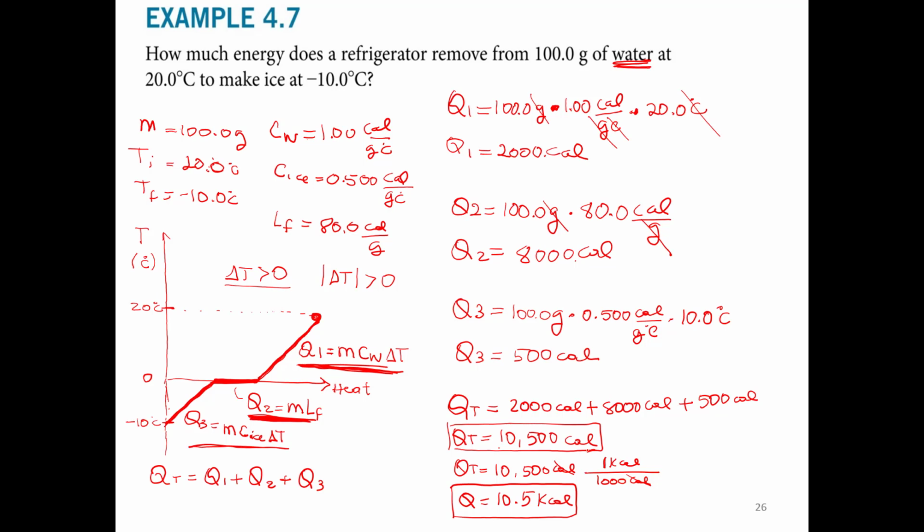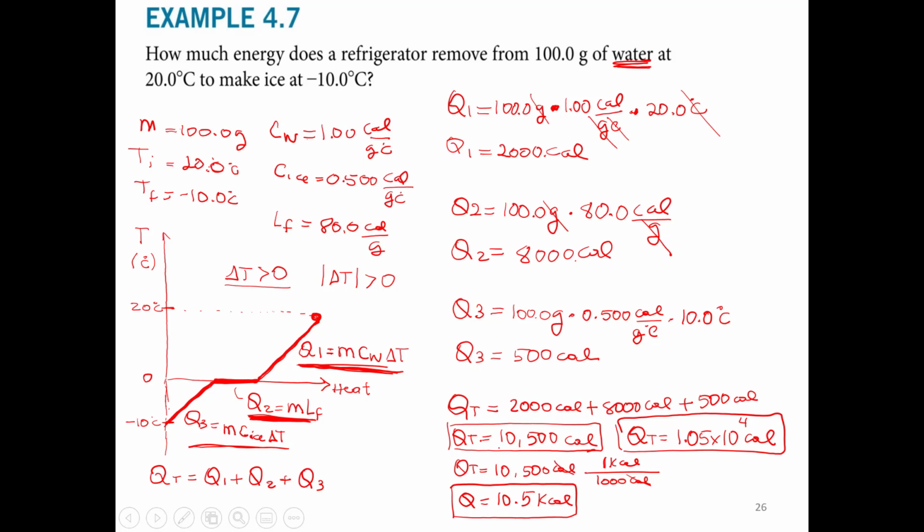Also, you can give this answer in scientific notation. You can say it's 1.05 times 10 to the power 4 calories. This is another way we can give the same answer. These are all the different ways we can express the same answer.